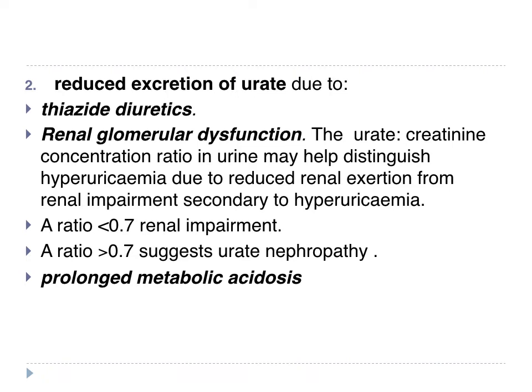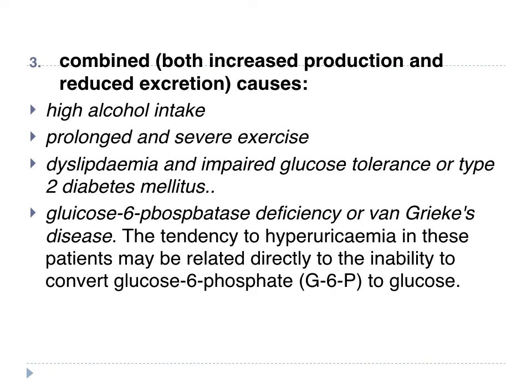If the ratio is less than 0.7, this is due to renal impairment, and if the ratio is more than 0.7 it suggests urate nephropathy. And this third reason is prolonged metabolic acidosis.